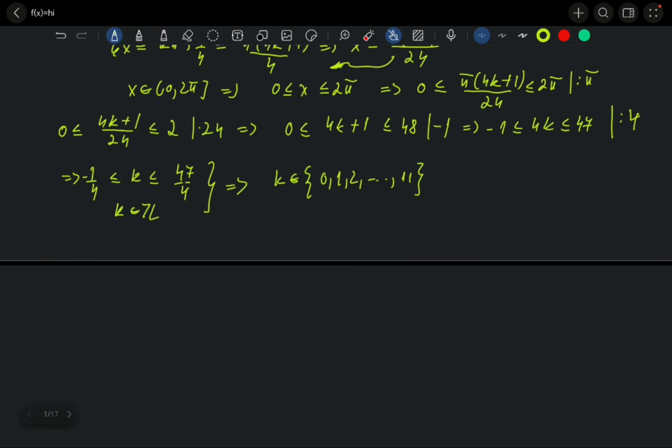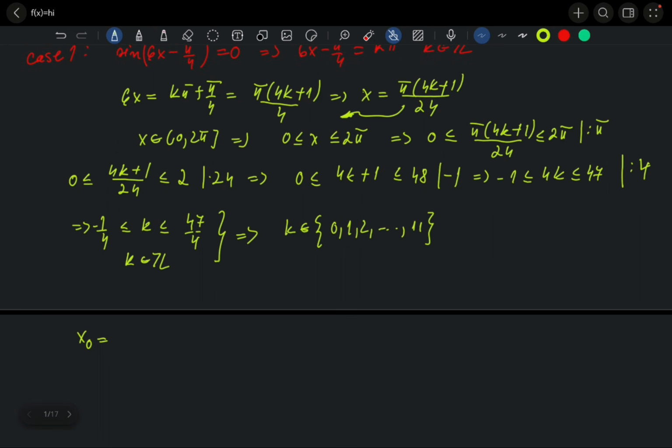With k found, we can go back to our form of x and find the solutions. So for k equal to 0, we'll get x sub 0, which will be equal to pi times (4 times 0 plus 1) over 24, so pi over 24. When k is equal to 1, we'll get pi times (4 plus 1), which is 5, so 5 over 24 pi.